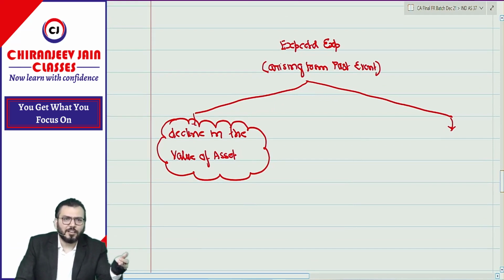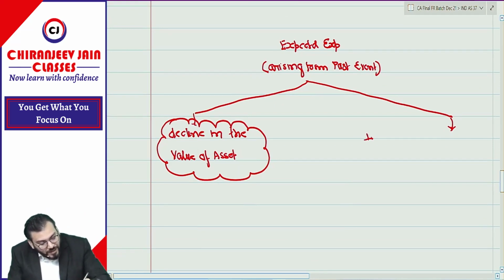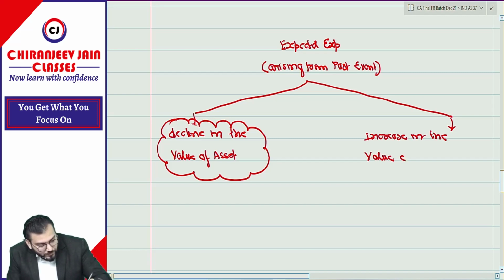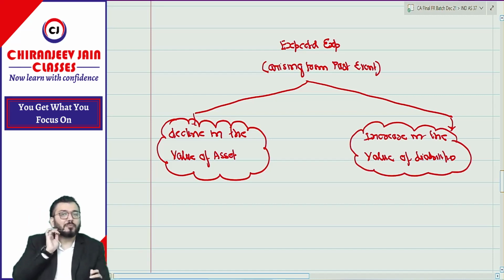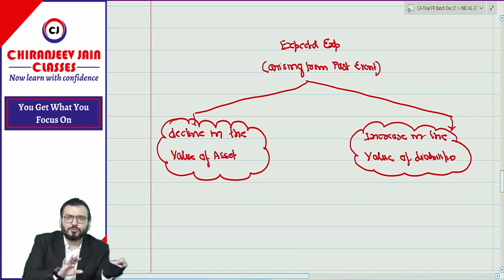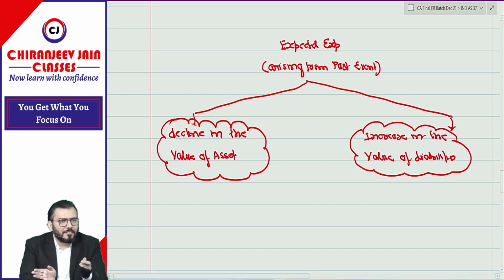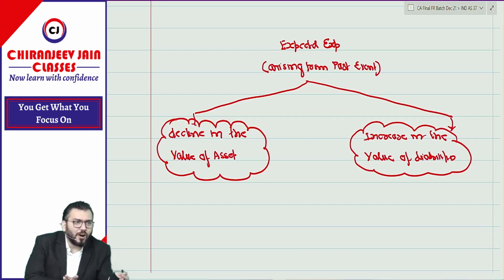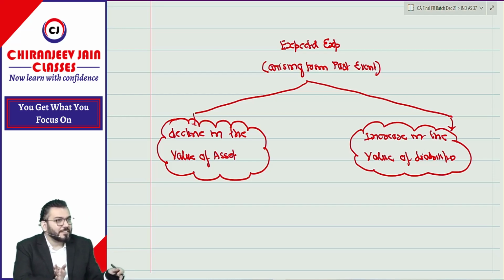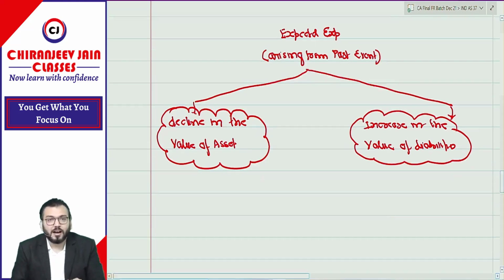One is decline in the value of asset and one is increase in the value of liabilities. This can be two possible reasons. Whatever expected expenses or losses due to past event, either that will be due to decline in the value of asset or increase in the value of liability. Correct? I hope you are getting me.